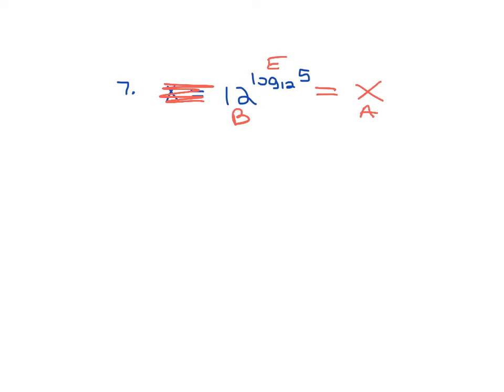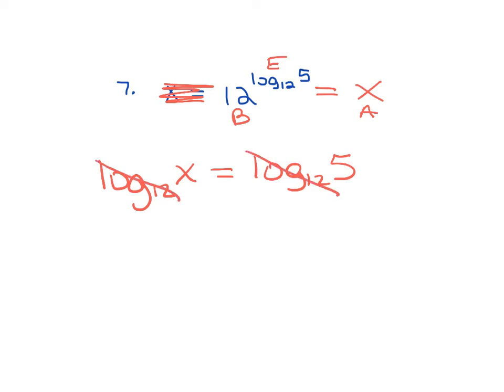This is my answer. So if I want to put it in log form, log base 12 equals log base 12 of 5. So now to solve this, as long as I keep things balanced, I could cancel the log base 12 on both sides, and I'm left with x equals 5.